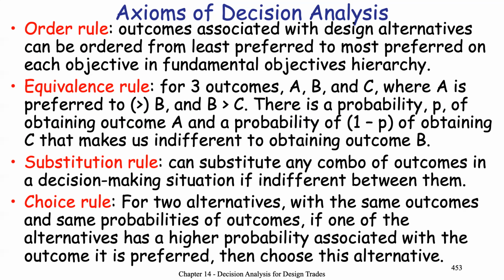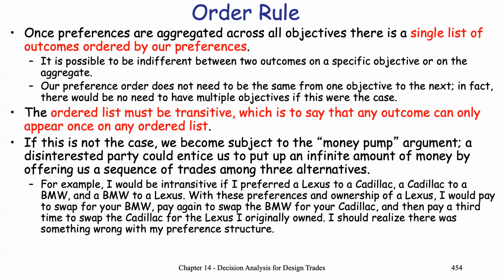So we'll get into more details here for the order rule. So with preference aggregated across all objectives, there is a single list of outcomes ordered by our preferences. It is possible to be indifferent between two outcomes on a specific objective. Our preference rule order does not need to be the same from one objective to the next. In fact, there would be no need to have multiple objectives if this were the case.